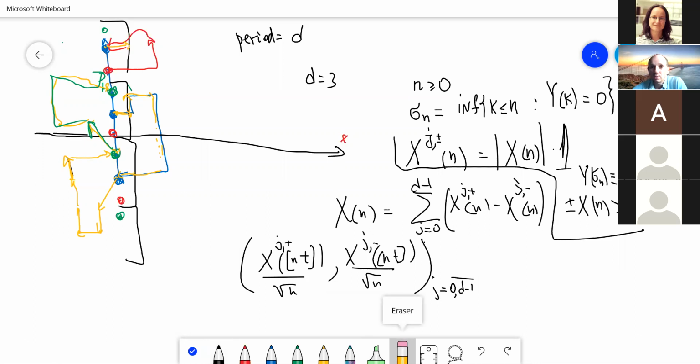And now let's notice that only one coordinate in this process may be non-zero.